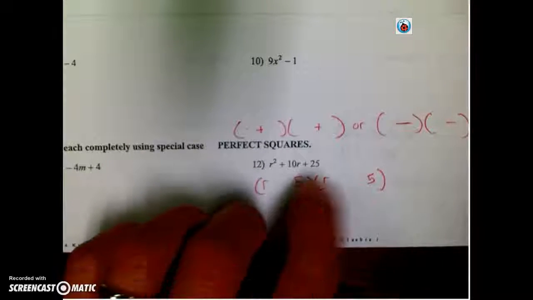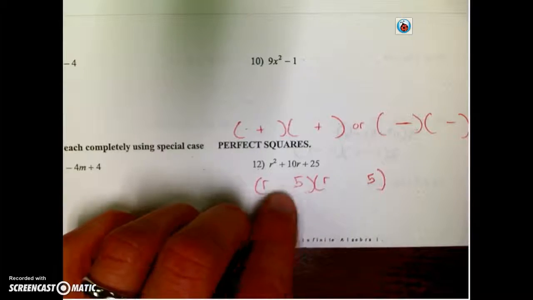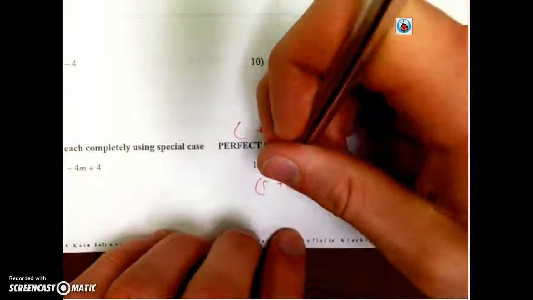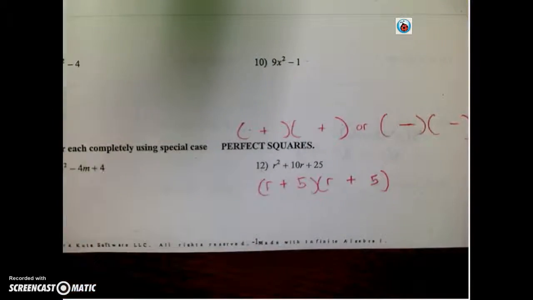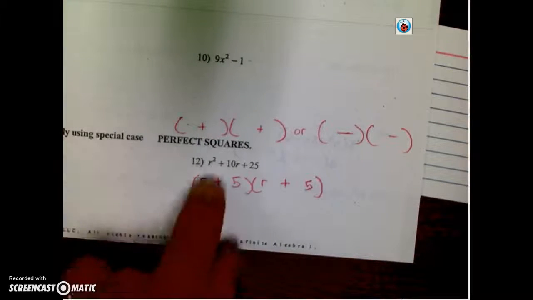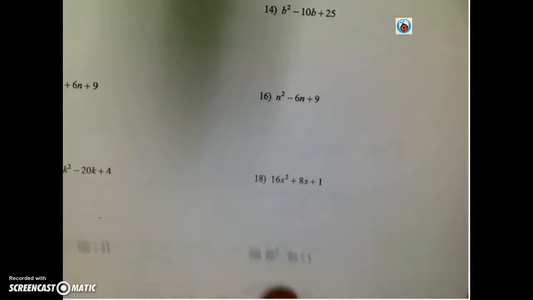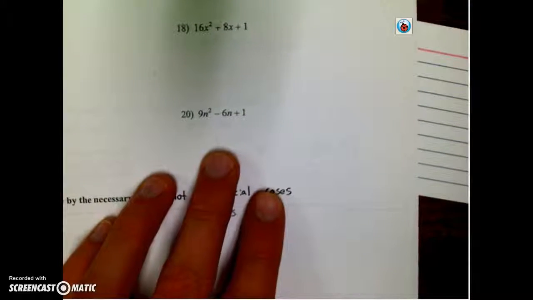Now the only way this 5 and 5 can turn into a positive 10 is if both of these are positive. All right, great. Now with a negative sign, like number 20 here.